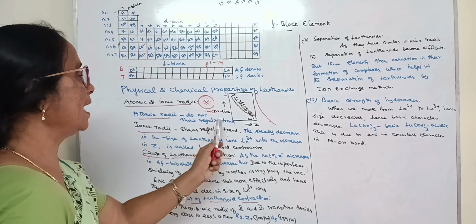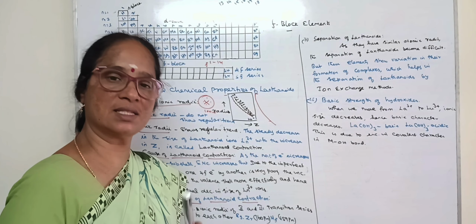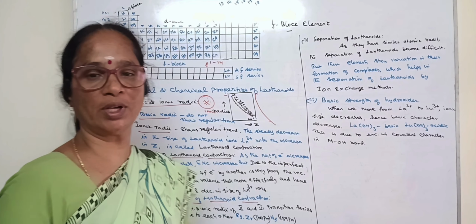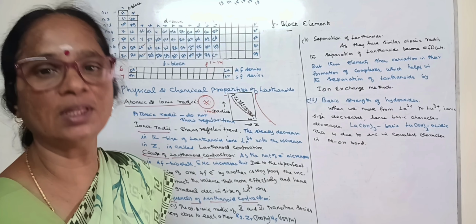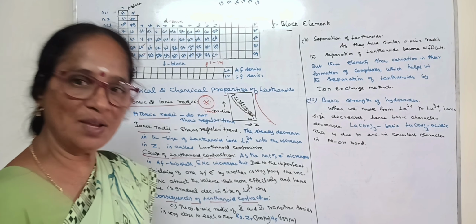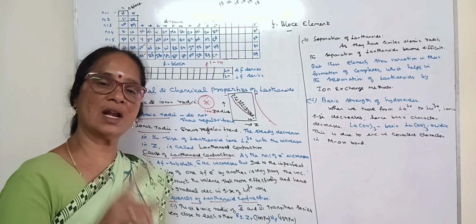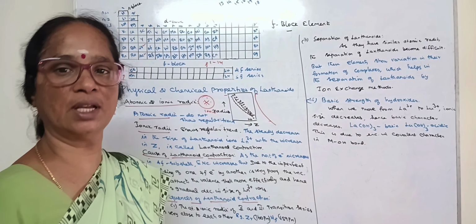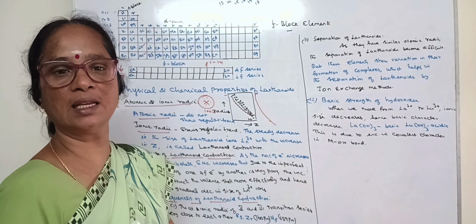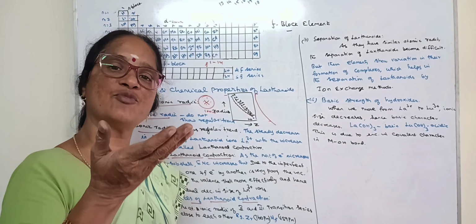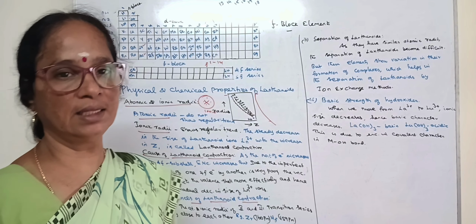Moreover, the electrons in the f orbital number from 1 to 14. So whenever one electron enters the 4f orbital, simultaneously one proton also enters the nucleus. So on one side the number of electrons increases, and on the other side the nuclear charge also increases.